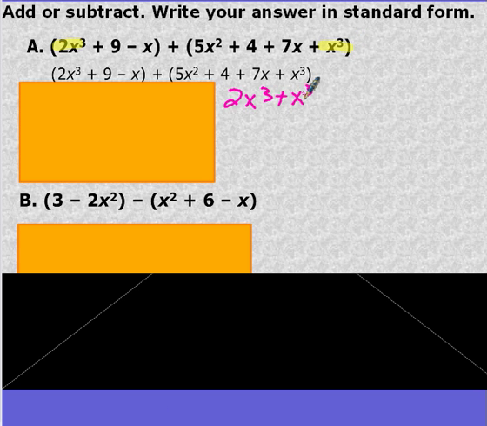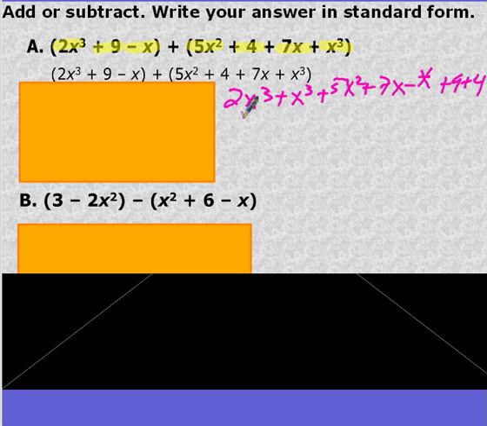And then we have an x squared term here, and that's the only one we have. So plus 5x squared. We have 2 x terms. So that's going to be plus 7x minus x. And then lastly, we have 2 constants that we will group together. So plus 9 plus 4.